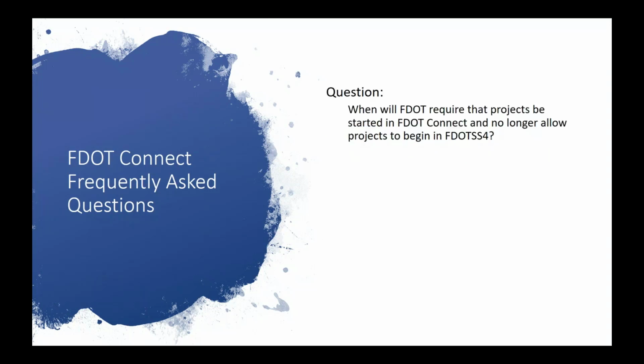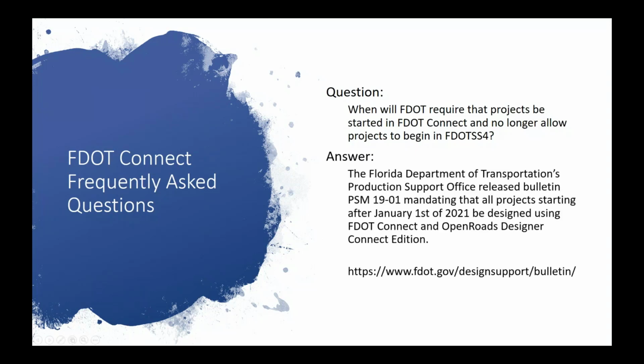When will FDOT require that projects be started in FDOT Connect and no longer allow projects to begin in FDOT SS4? The Department of Transportation's Production Support Office released Bulletin PSM 19-01, mandating that all projects starting after January 1st of 2021 be designed using FDOT Connect and OpenRoads Designer Connect Edition.